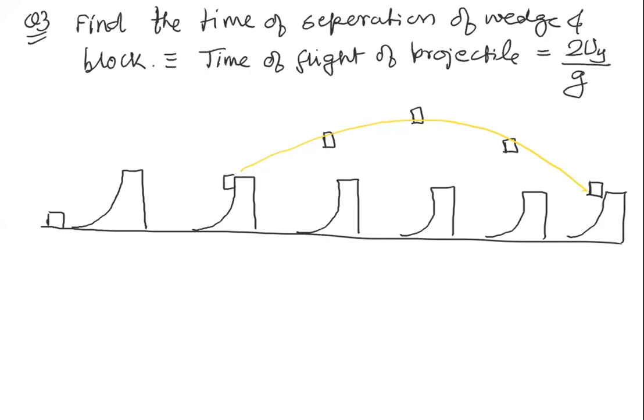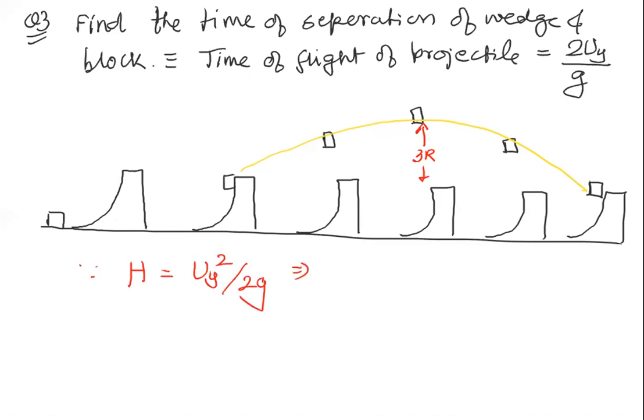Now I also know that the maximum height of this projectile is 3r. Not from the ground, but from the top of the wedge, from where the projectile started. And I also know that H is equal to uy square by 2g.